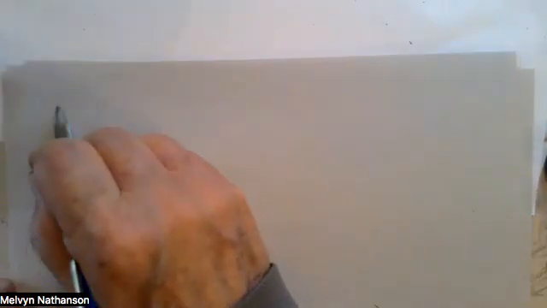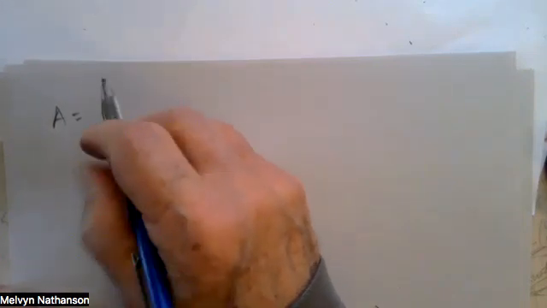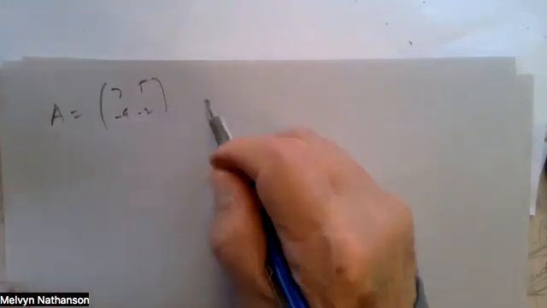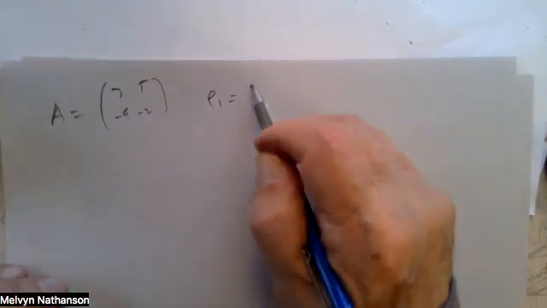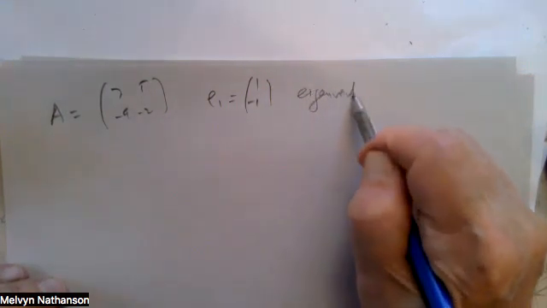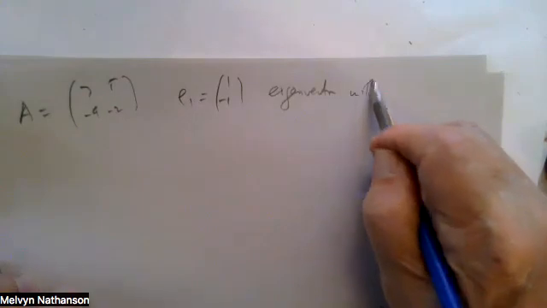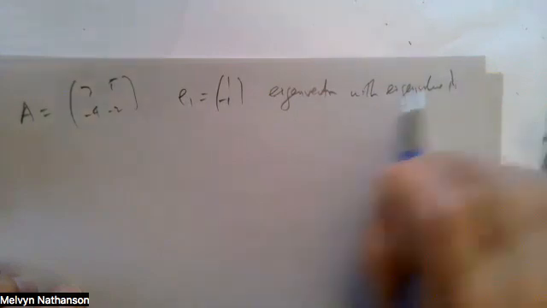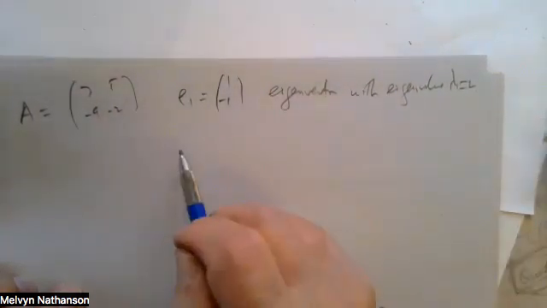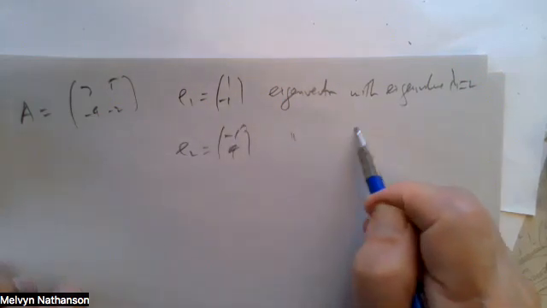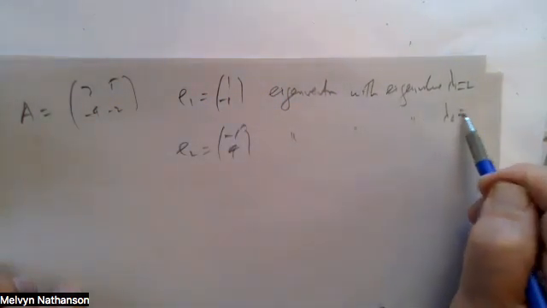So if everything is correct, and I'll check it right now, if I have the matrix 7, 5, minus 4, minus 2, the vector E1, 1 minus 1, should be an eigenvector with eigenvalue lambda 1 equal to 2, and E2 equal to minus 5, 4 should be an eigenvector with eigenvalue lambda 2 equal 3.